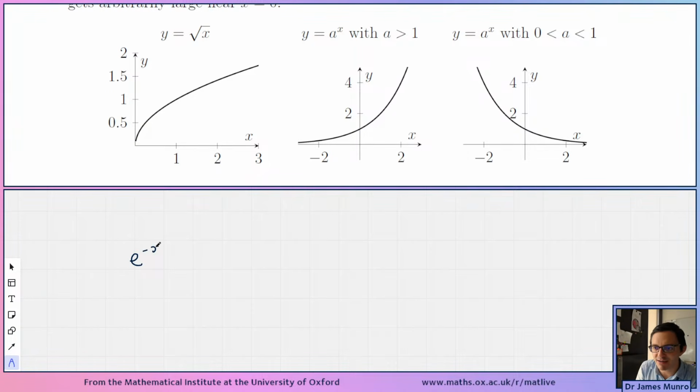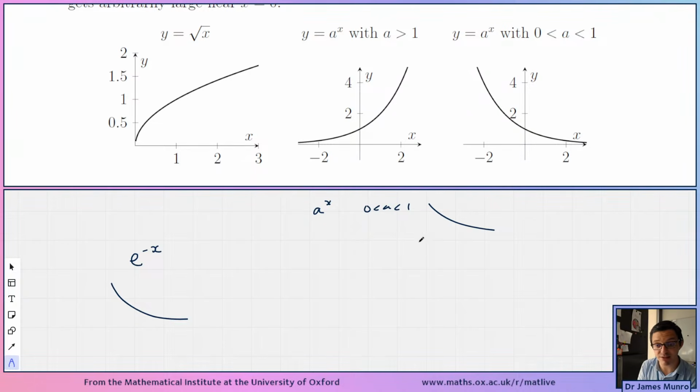So I try and link this to exponentials and power laws. E to the minus x is an example that looks like the thing on the right. But hang on, the thing on the right says 0 less than a less than 1. So what's going on there? What's the link between this and a to the x with 0 less than a less than 1, looking like this, looking the same?